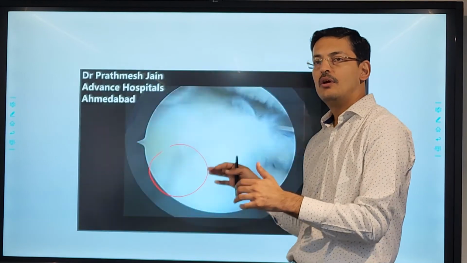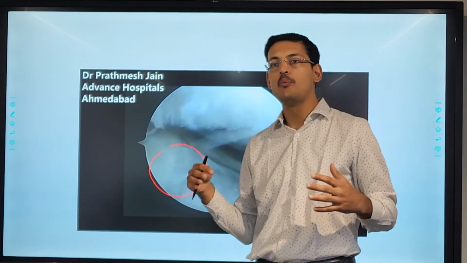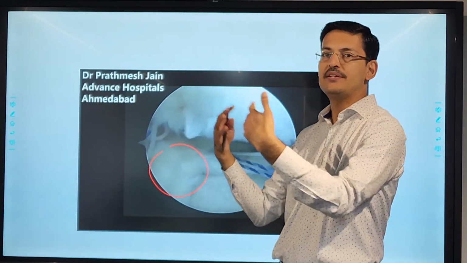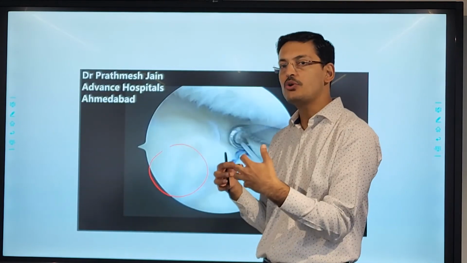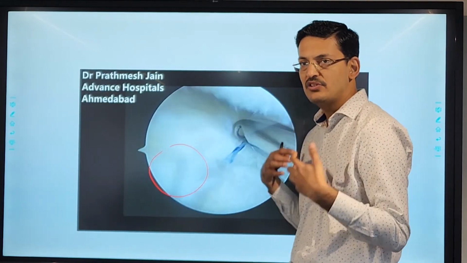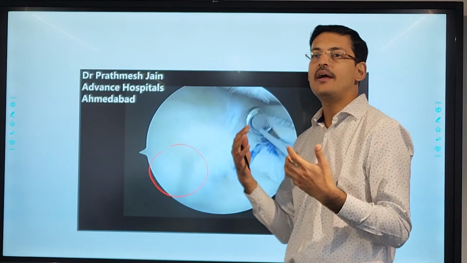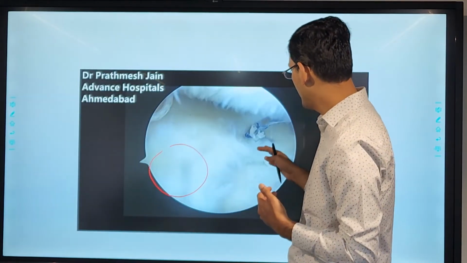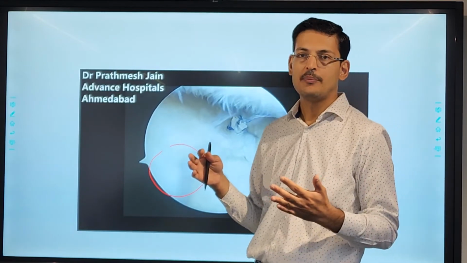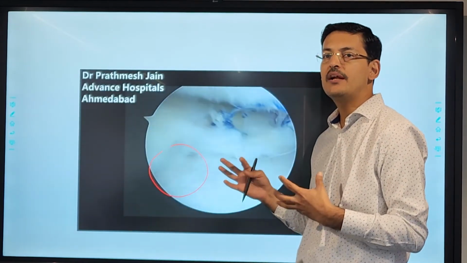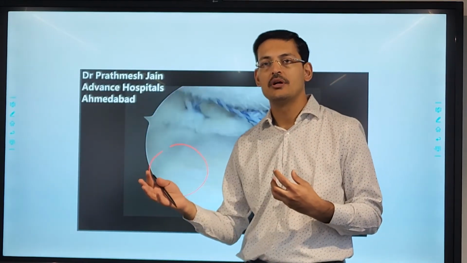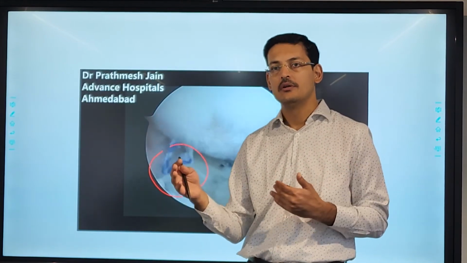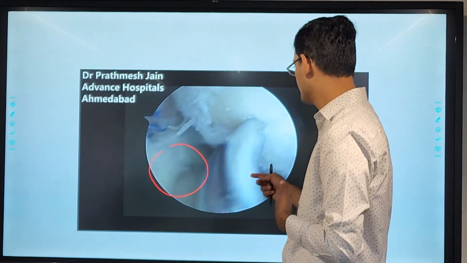So basically, by doing this, we are hoping that we have reduced the meniscus which was extruded into the joint, and probably the meniscus will function more, and thereby we can offer a little bit more life to the knee as compared to before. So the progression of osteoarthritis will be delayed, and we may delay the age of the knee replacement per se.